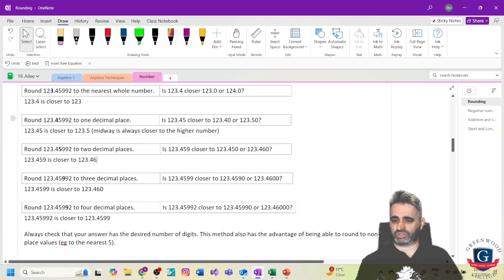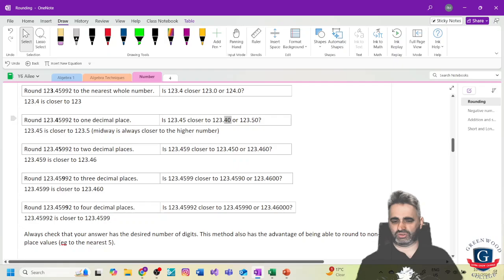Okay, so this time we're going to go to one decimal place. Here's our least significant digit. We'll look to the next one. With 123.45, is that going to be closer to 123.4 or 123.5? It's often easier to put the 0 on the end. Is 45 closer to 50 or is it closer to 40?